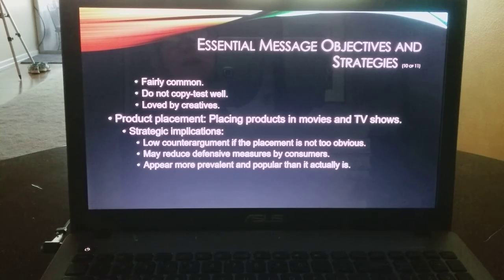So product placement is this idea we also talked about in 151 of Madison and Vine, the merging of entertainment and advertising. What kind of computers are people using? What kind of coffee are people drinking? You might see a Starbucks coffee in an ad, so it's a way to promote Starbucks, or an Apple iPhone, or what kind of car they drive in the James Bond movies, that kind of thing.